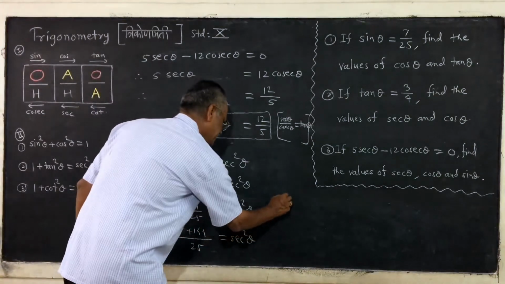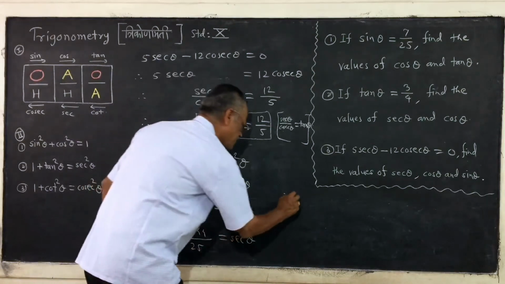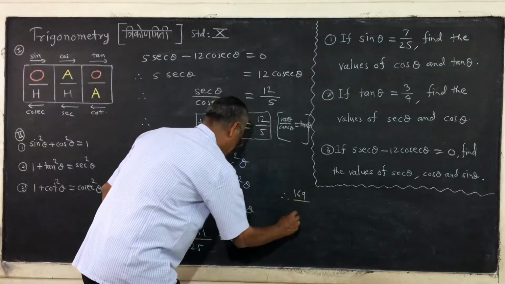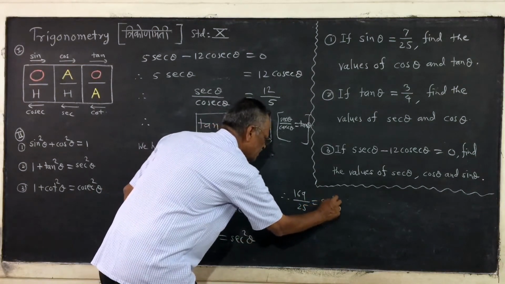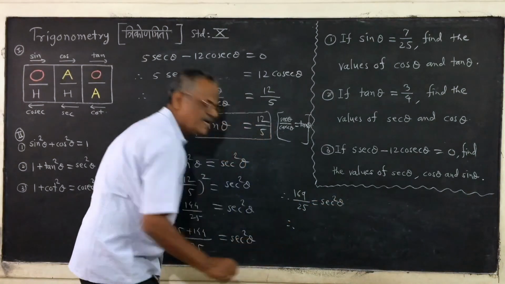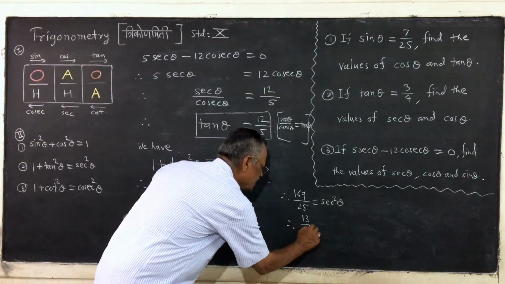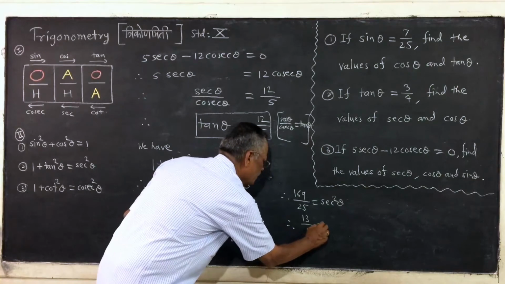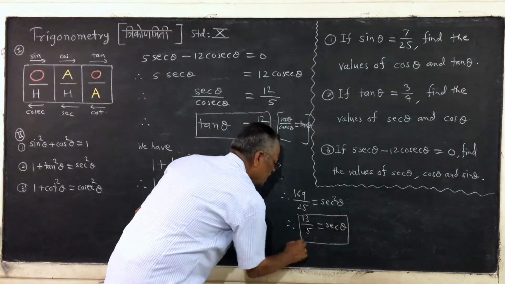After that, continue. 169 divided by 25 is equal to sec square theta. Now you can find the square root. What is the square root? 13 upon 5. That is sec theta.